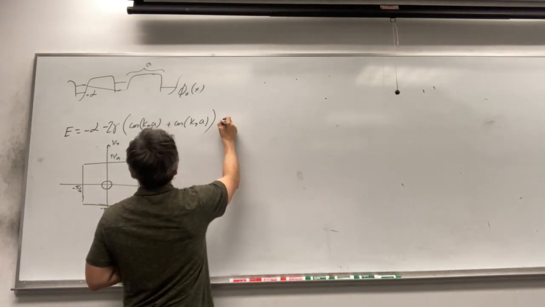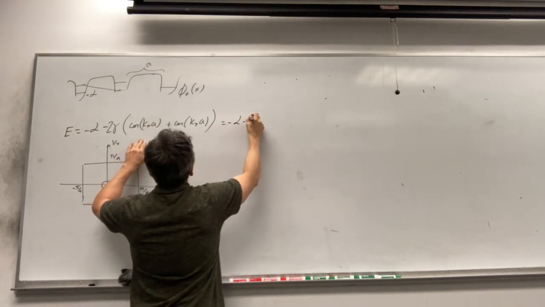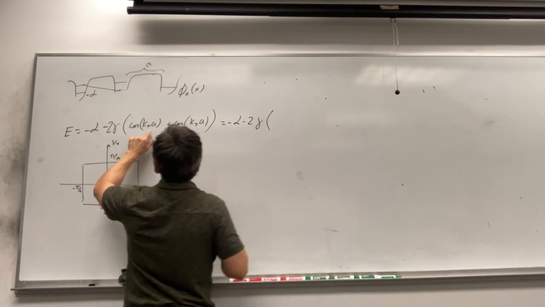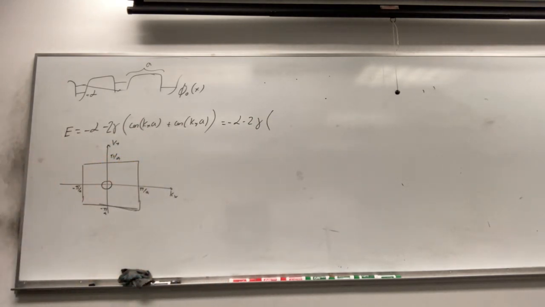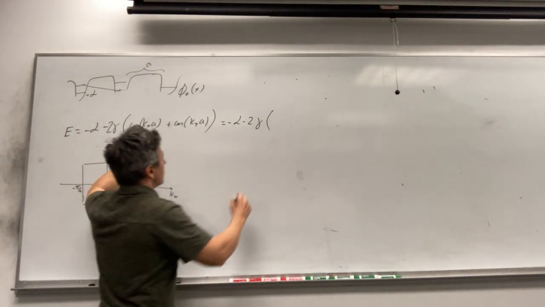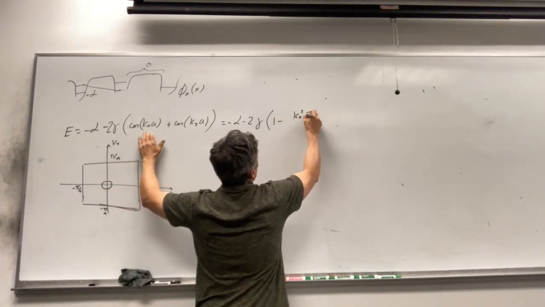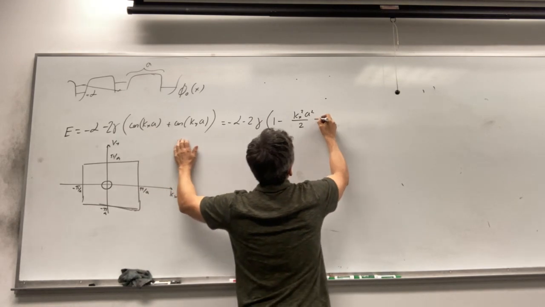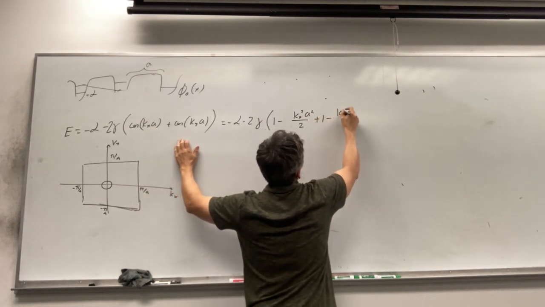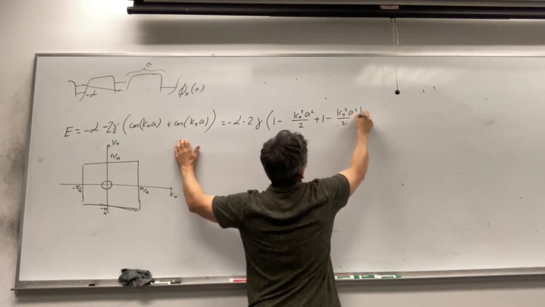parabolic dispersion. So it will be minus alpha minus 2 gamma. When kx and ky are small, close to 0, we can use the Taylor expansion. So it will be 1 minus kx squared a squared divided by 2, plus 1 minus ky squared a squared divided by 2.